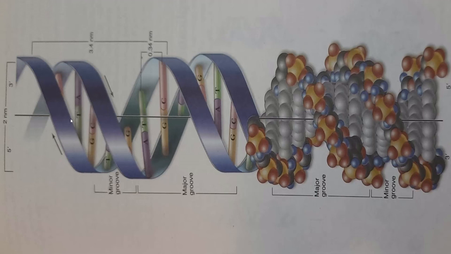There are 10.4 base pairs per helical turn in case of B-DNA. So this is the structure of B-DNA, which is the common form of DNA found in the biological world.